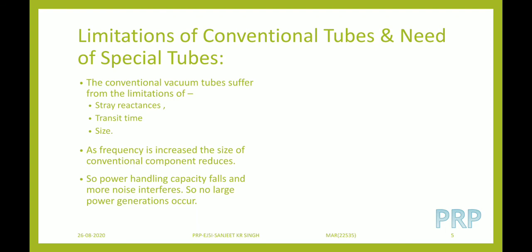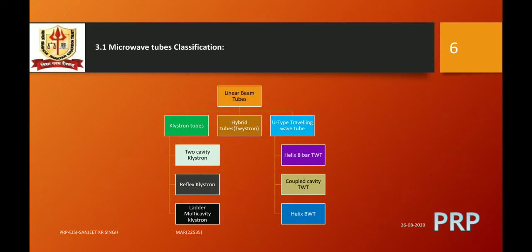With reducing size, the power handling capacity also reduces and noise interference increases. So large power production or generation of the microwave signal is not possible. So we need a special structure, a special type of microwave tubes.